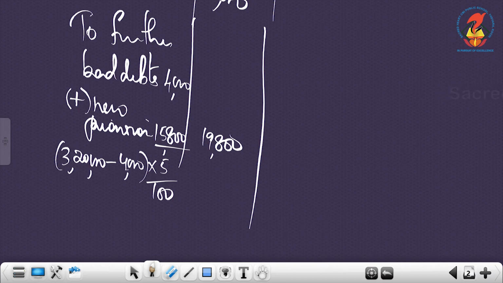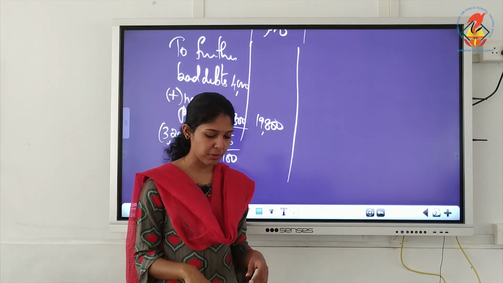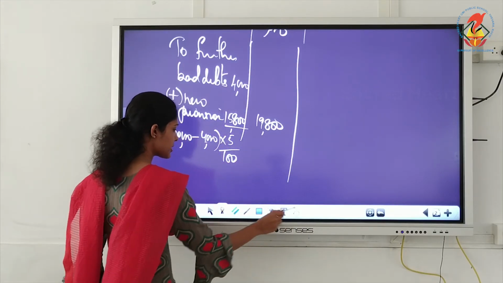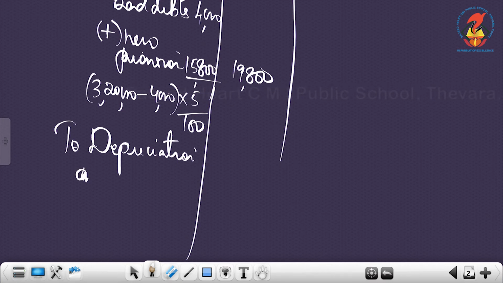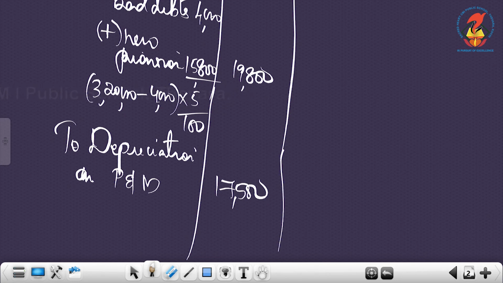Then depreciate plant and machinery and premises, the rates are different, 10 and 2 respectively. So we will write to depreciation on plant and machinery 10%. So the amount is 17,500 for plant and machinery, and business premises it is 2%.